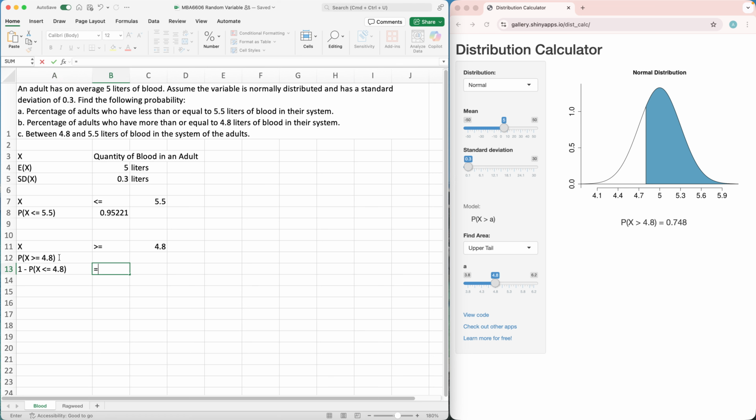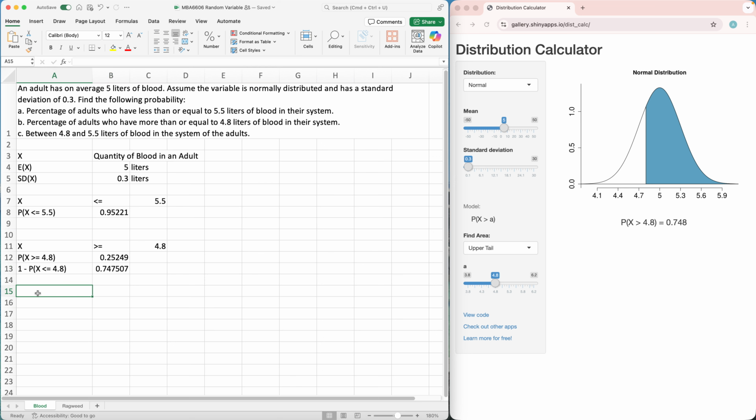This is equal to 1 minus NORM.DIST of 4.8, mean, standard deviation, cumulative, which is 74.75. We can similarly calculate this also as NORM.DIST of 4.8, 5, 0.3, true. So of course the sum total of these two will be equal to 1.